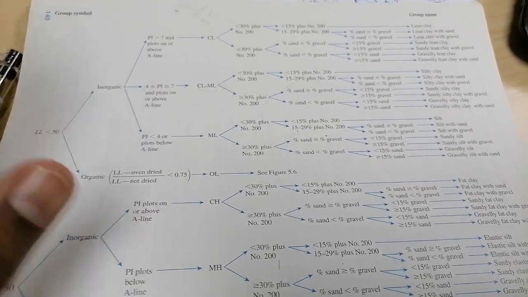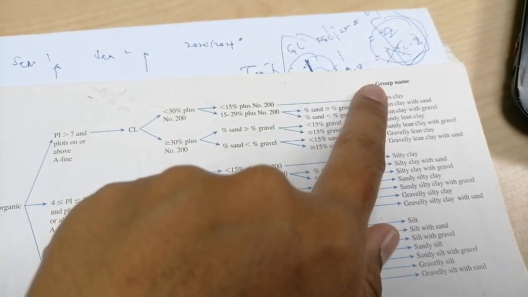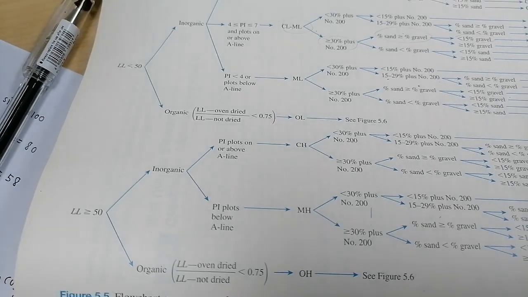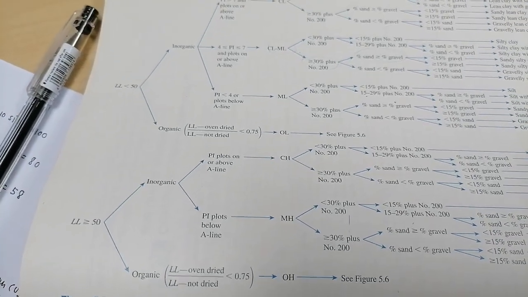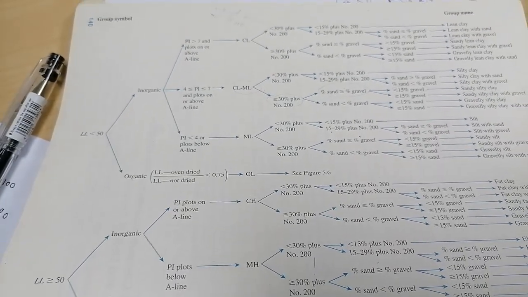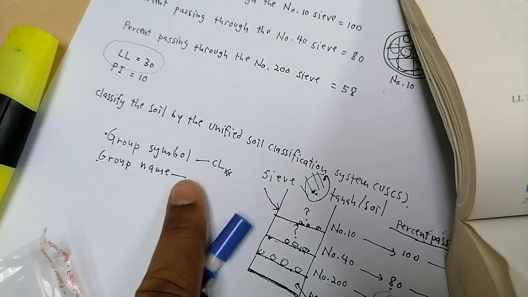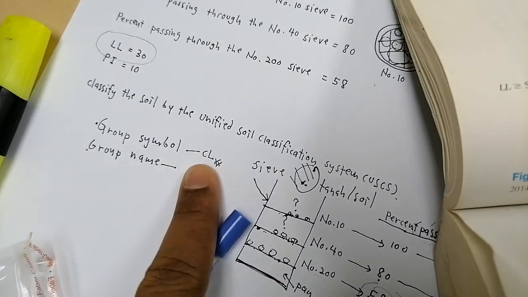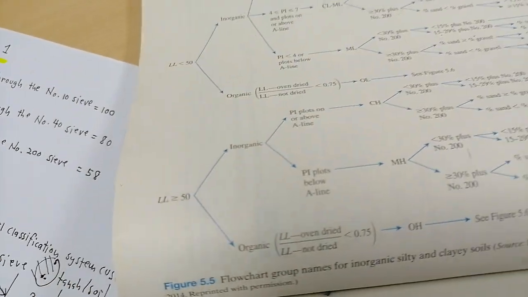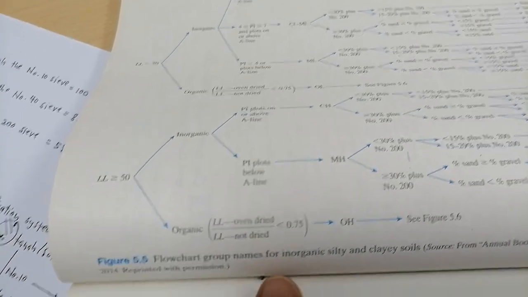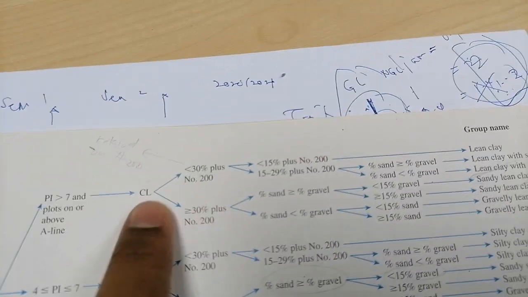Untuk dapatkan group name, which is this one, you can refer to figure 5.4, 5.5, or 5.6, depending on your group symbol tadi yang you dapat. Okay, so we got group symbol is CL. So based on this figure, you have to refer to figure 5.5 because CL is over here.